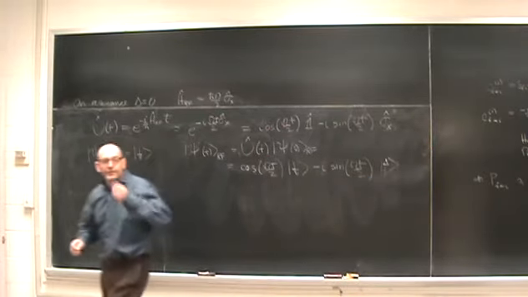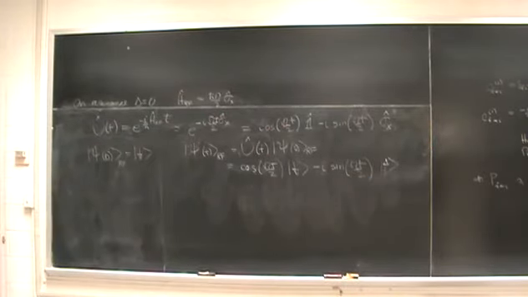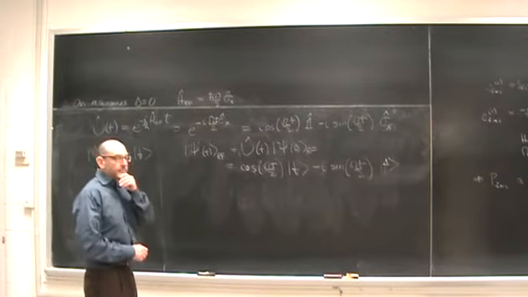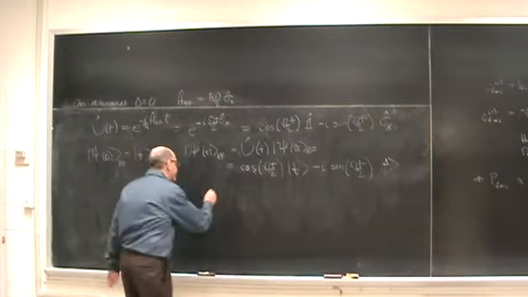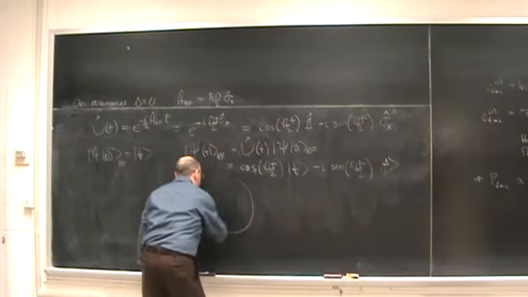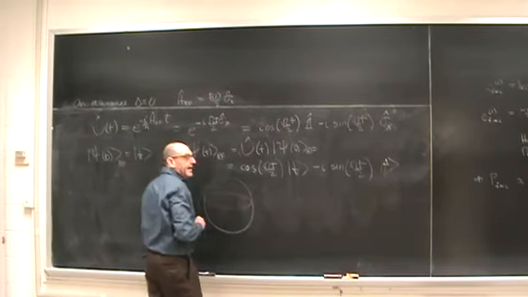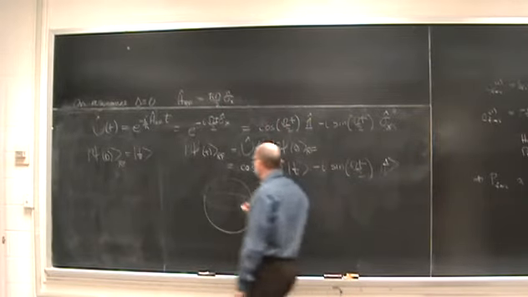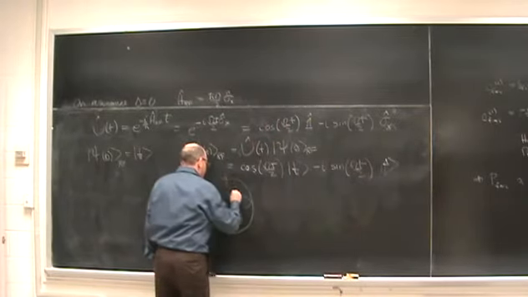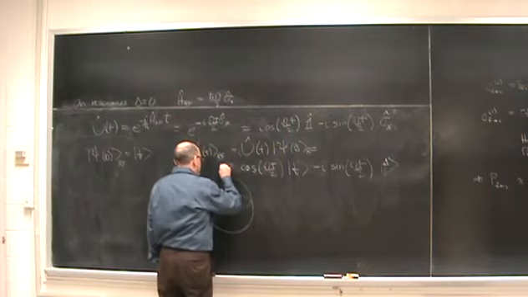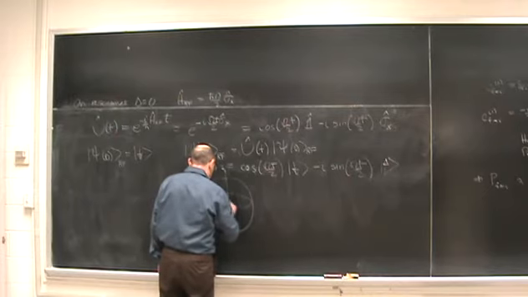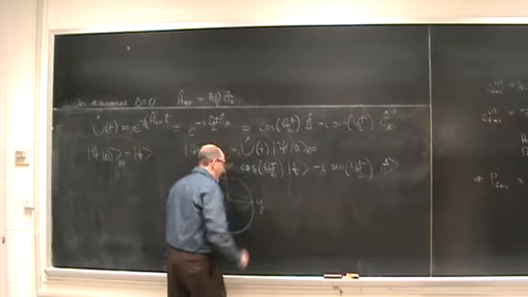Okay? So, what is the spin doing? The spin is precessing around the x-axis. Okay? So, say this is the z-axis, this is the x-axis, and this is the y-axis.